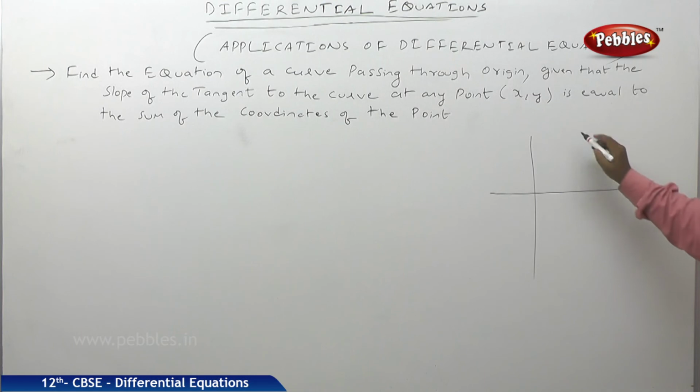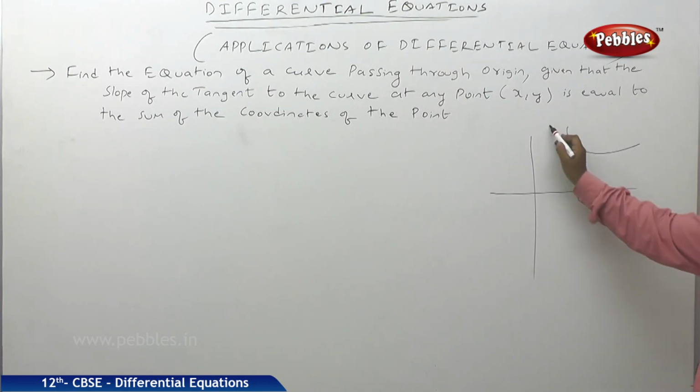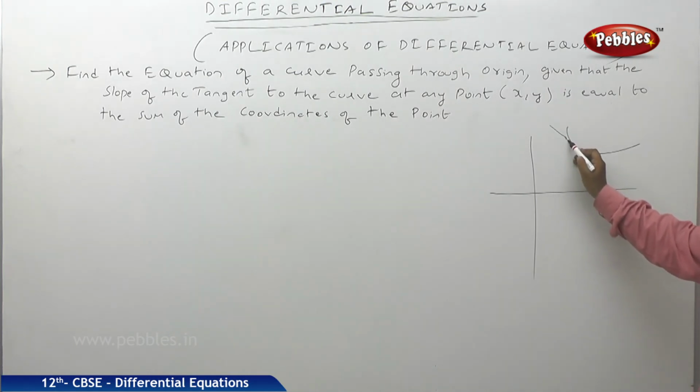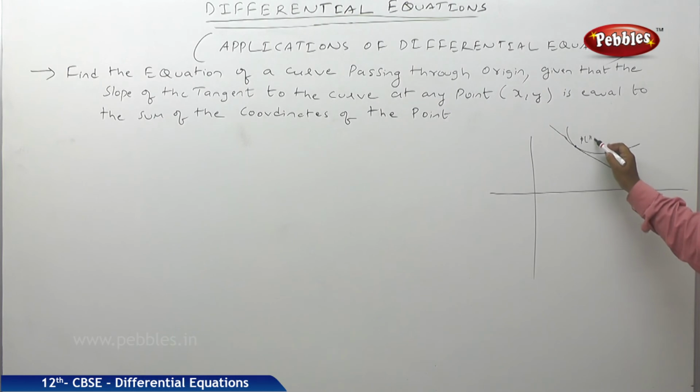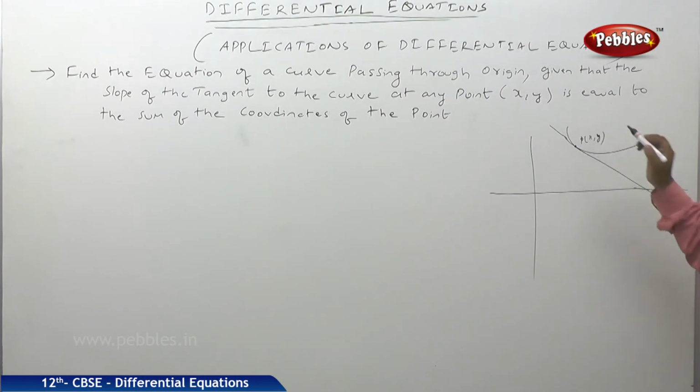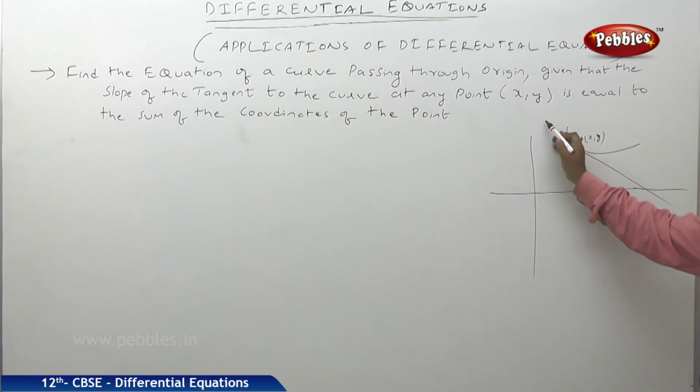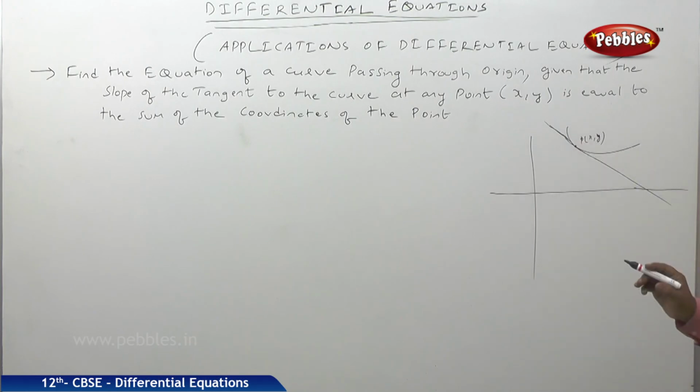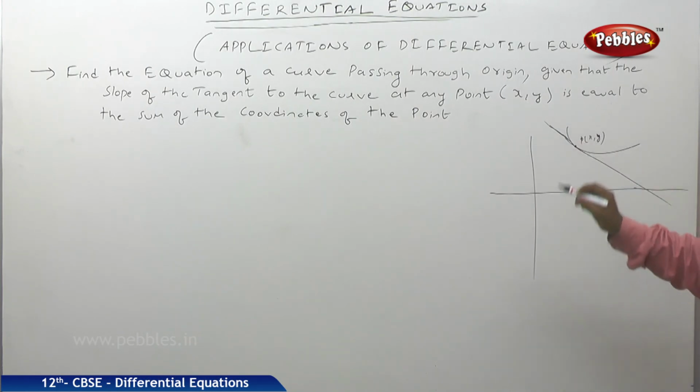Suppose this is a curve to us and this might be a tangent. Tangent means it is a line which is touching the curve at a particular point. That means this is P of x comma y, which is a point on the curve, and this is the tangent. And he is telling slope of the tangent to the curve.